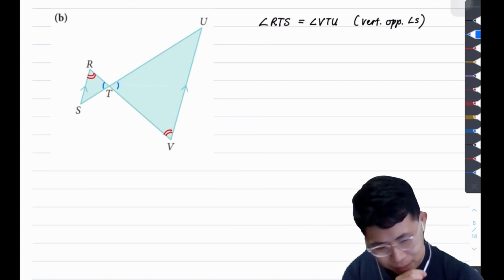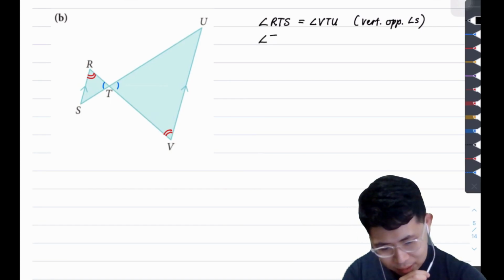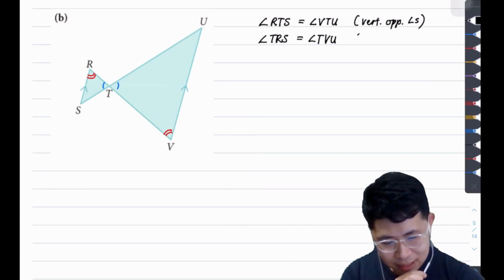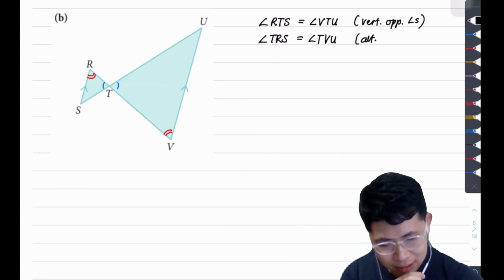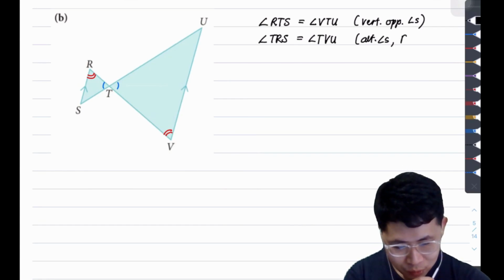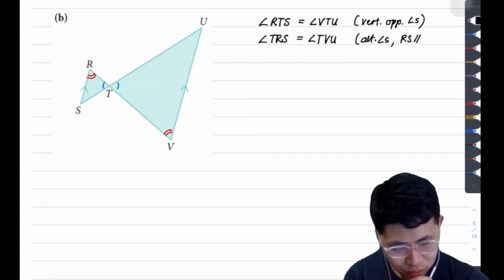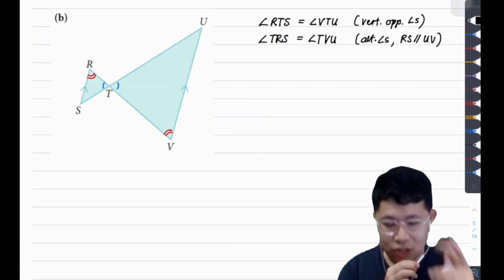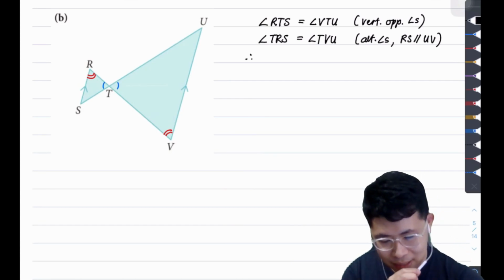Wait a minute, let me change color. So angle TRS is equals to angle TVU, and this is because of alternate angles, and the alternate angles come from parallel lines. So RS parallel to UV, right? So we have two angles, just nice. We can end off with a similarity.